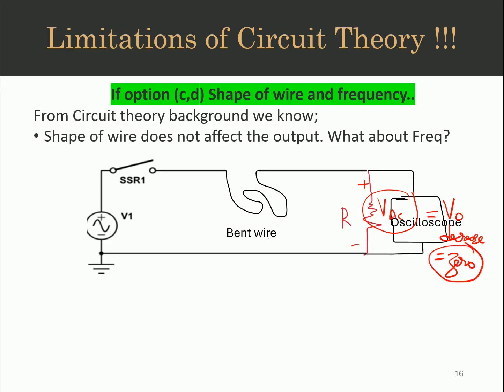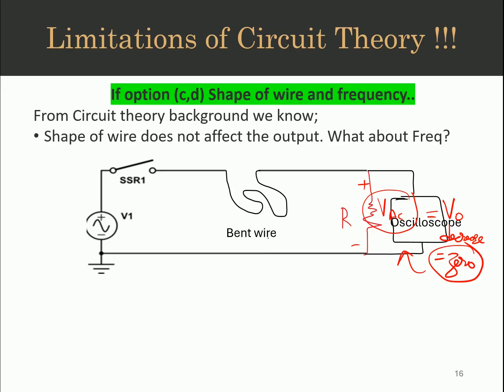Let's say if we go to the lab and consider connecting a resistor and an oscilloscope and see the behavior, we will see that the voltage becomes 0. So this means that if we change the wire or we introduce a certain bend in the wire, then the output is going to be affected, and this is thoroughly studied by the electromagnetic field domain and not the circuit theory.